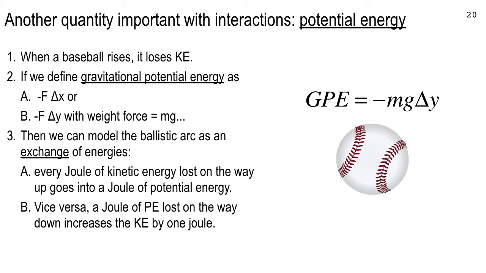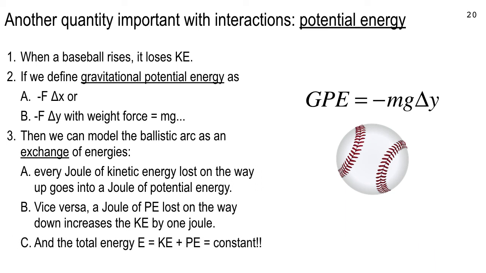You're up there holding it, waiting for somebody to walk underneath, like your roommate or something, and drop it on them. You don't have any kinetic energy, but you have a ton of potential energy. And that's measured by minus mg delta y. The mass of the water balloon, g, 9.8, and then delta y, the height of how far you are above the sidewalk.